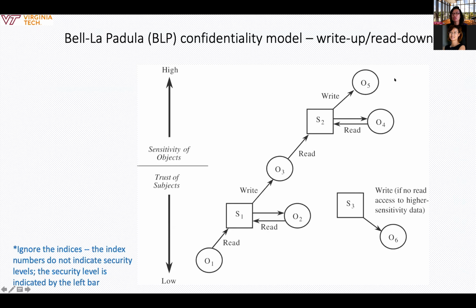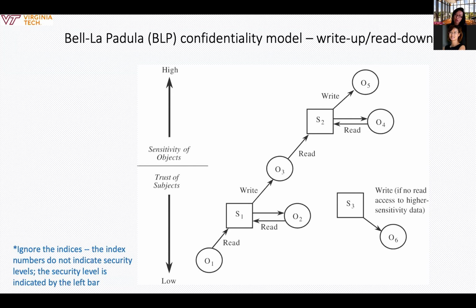Last time I was momentarily confused when I talked about BLP and this figure. Ignore the indexes. This is the security level, the sensitivity level of the object and subject. The indexes don't mean anything, and BLP is a confidentiality model.